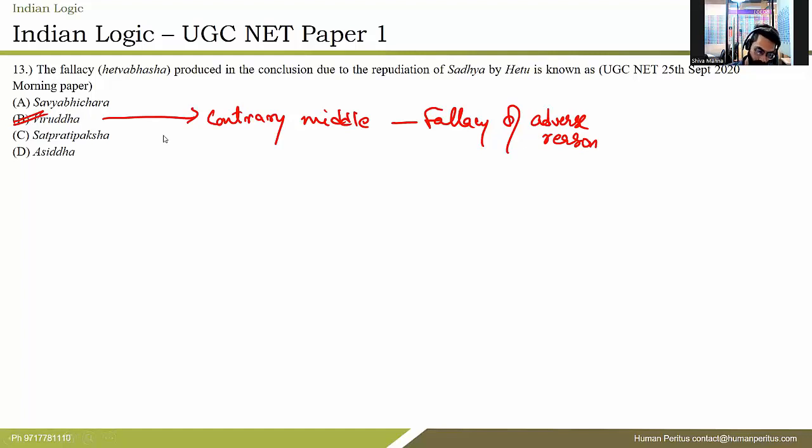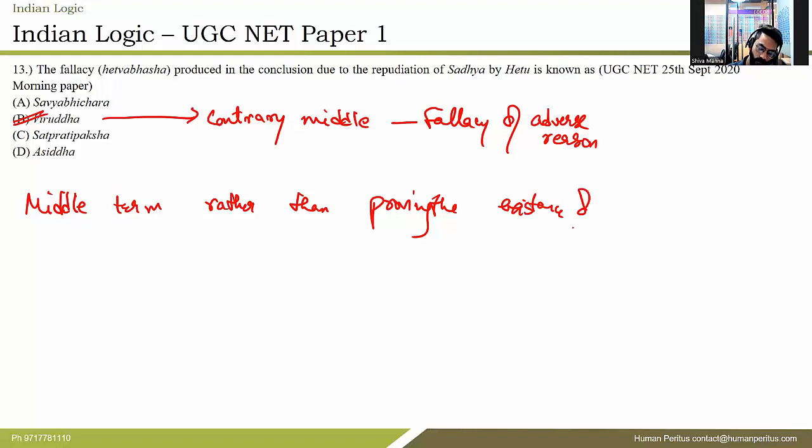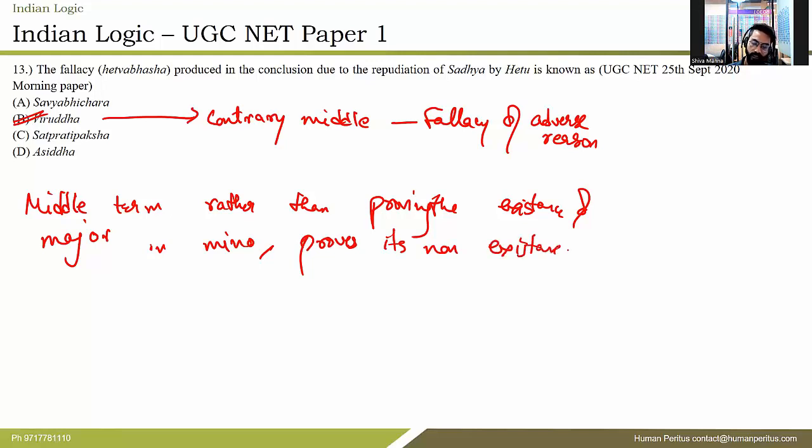What happens in Viruddha? The middle term, rather than proving the existence of major in minor, proves its non-existence.